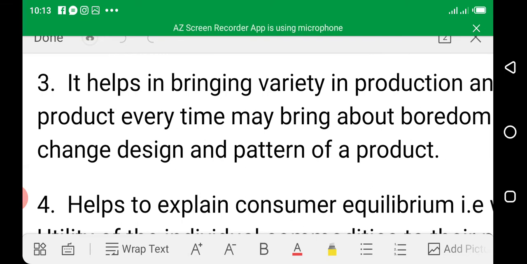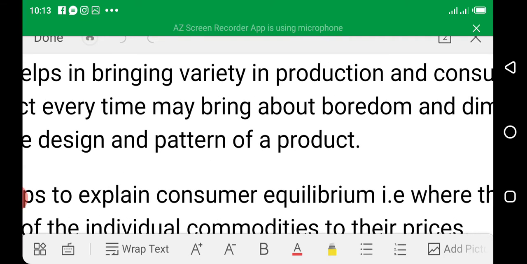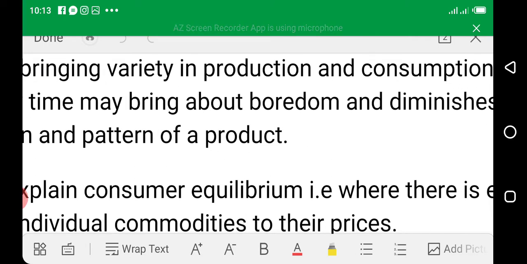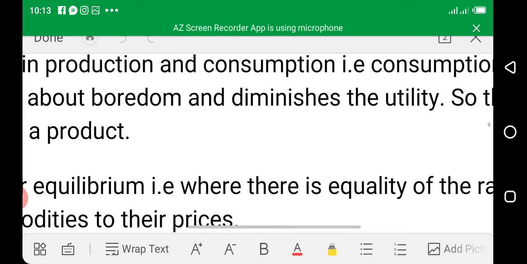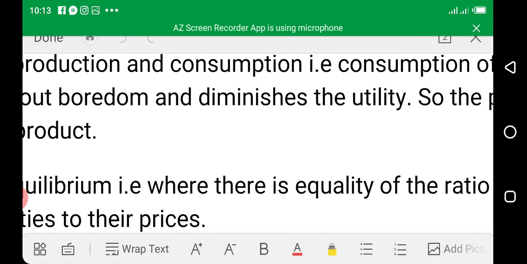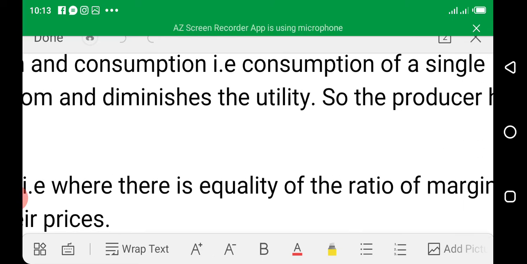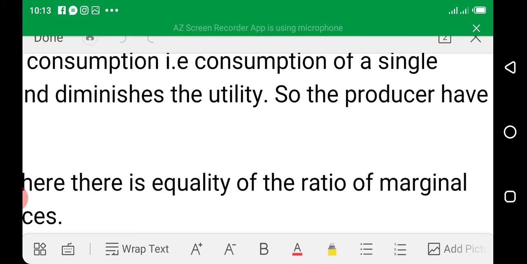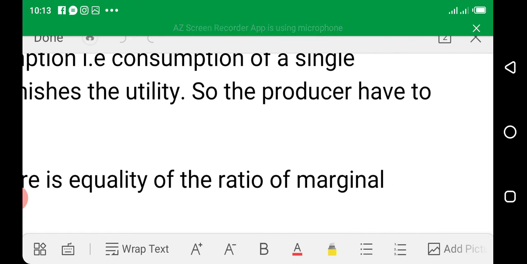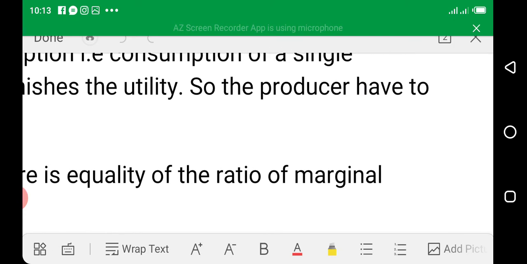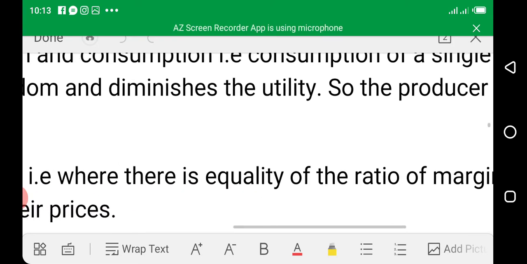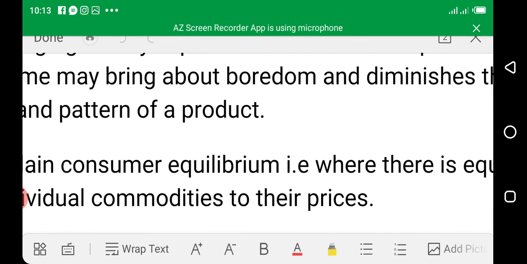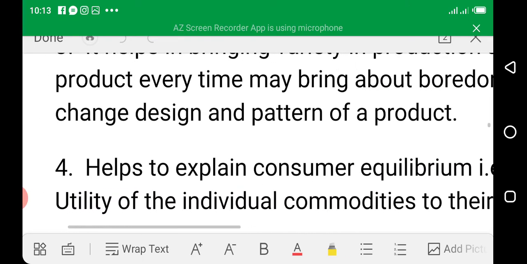Number 3, it helps in bringing variety in production and consumption. That is, consumption of a single product every time may bring about boredom and diminishes the utility. So the producers have to change the design and pattern of production of their product in order to entice or attract the buyers.